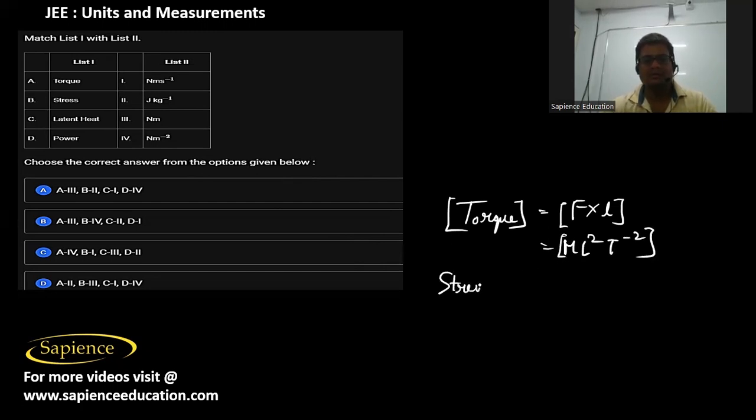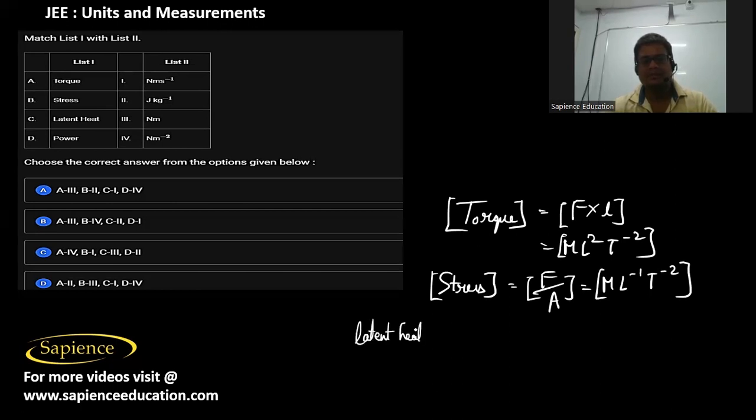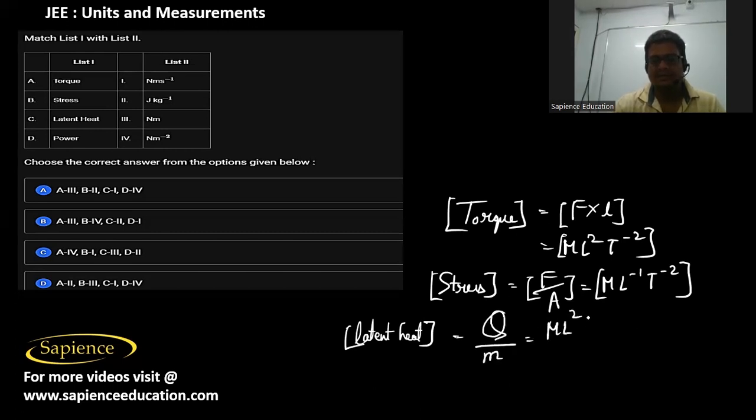The dimensional formula for stress, that is force per unit area, will be ML power minus 1 T power minus 2. And the dimensional formula for latent heat will be heat by mass. So heat energy, that is ML square T power minus 2, by M, so that will be L square T power minus 2.